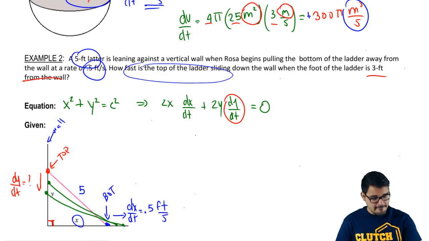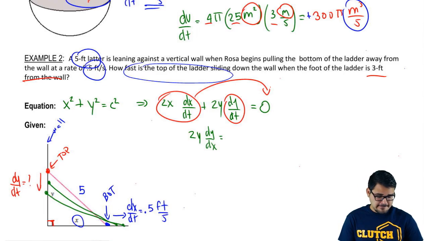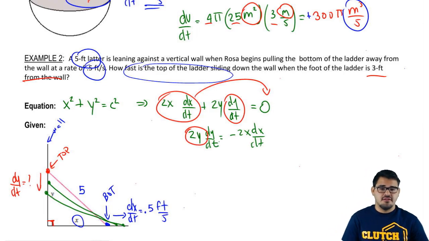And then we'll see what we need. So let's move this 2x dx dt to the right, so we can leave the dy dt on the left. So we're going to have minus 2x dx dt. And then the last thing that I'm going to do before I have my dy dt by itself is I'm going to have the 2y alone. And that looks like a very weird t, so let's fix it so we don't get confused with any other letter.